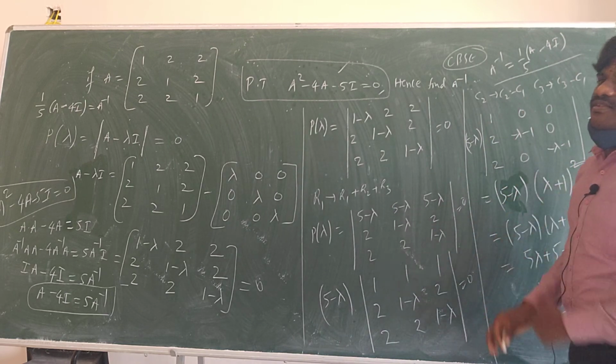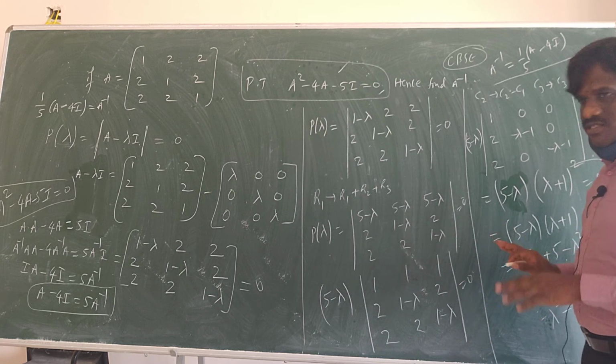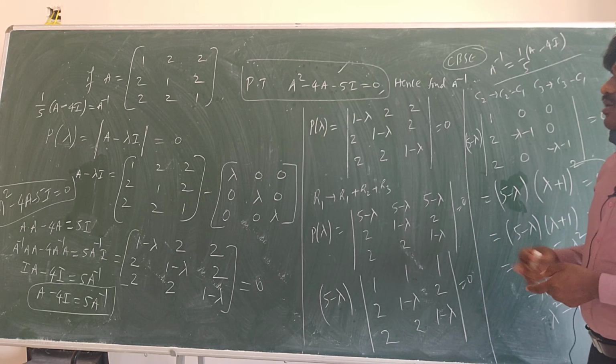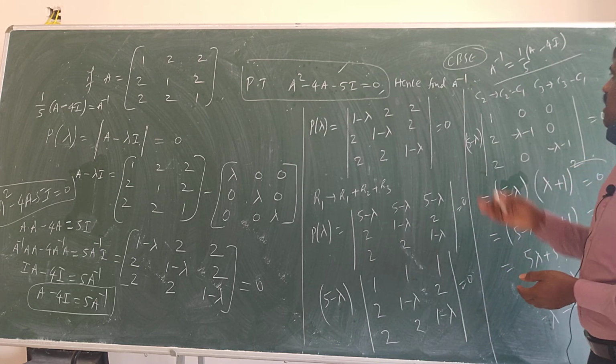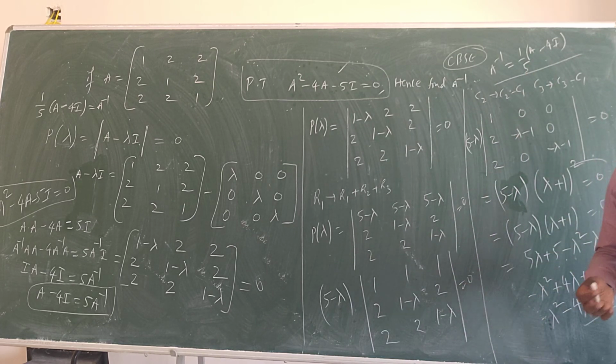Then this will be helpful. Even without this you can do it: you can find A inverse directly, put it here and check it. That is also possible. The method is there, we should explain, that's it.